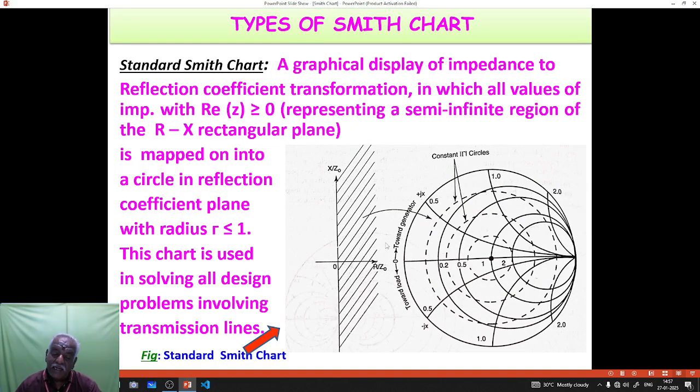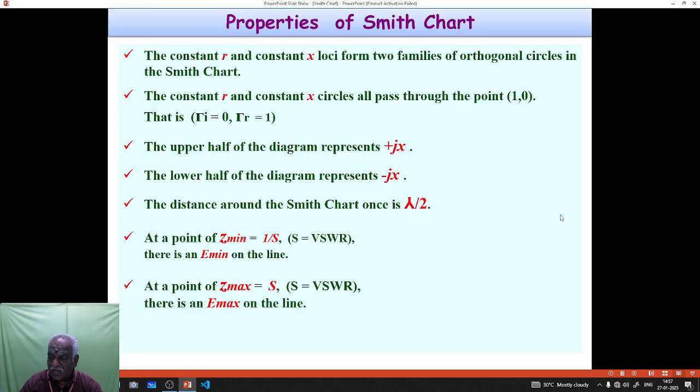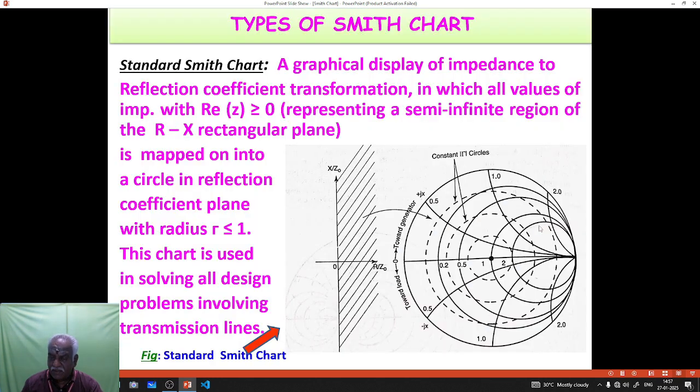It is written here, towards generator. That means from the load we are moving towards the generator, you are moving clockwise, and towards load, this is anti-clockwise.